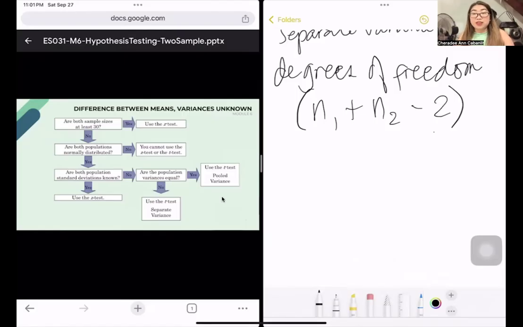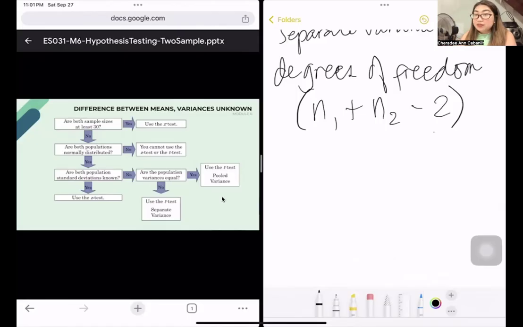That's a separate test, which hopefully we can still discuss, but there's actually a separate test for not normally distributed samples or data. Now, if it is normally distributed, the next question is, are the standard deviations or the variances known?